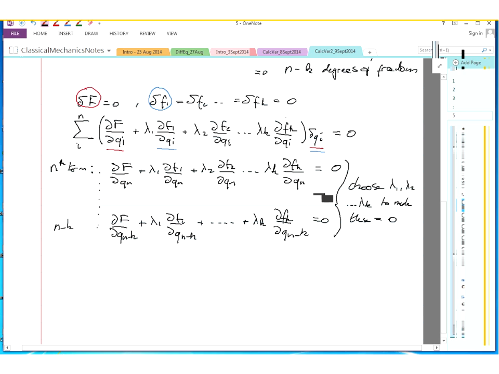All right, so they weren't necessarily equal to 0, but we choose the lambdas, so we have k equations, right, from n minus k to n. The lambdas are independent, so we can choose those k lambdas so that these k equations are satisfied and equal to 0, right? So we can choose that. This is up to us to choose. Okay? Let's underline choose in red.